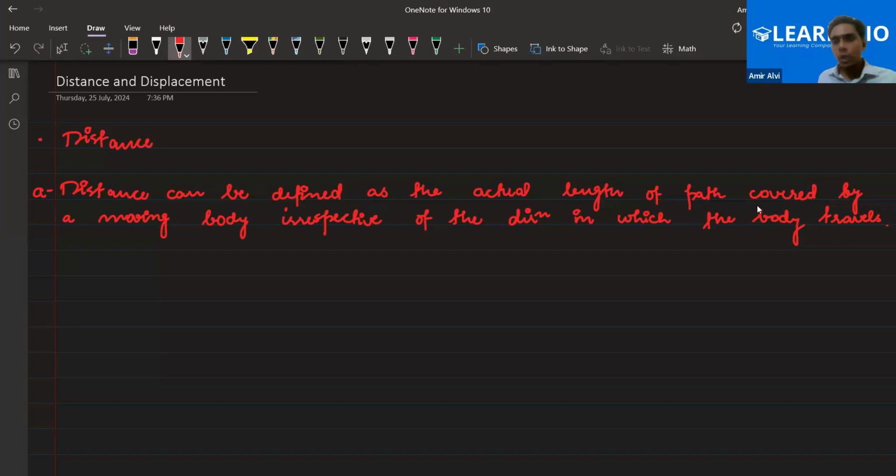Everything that you have covered will be included in the distance quantity. Everything clear?